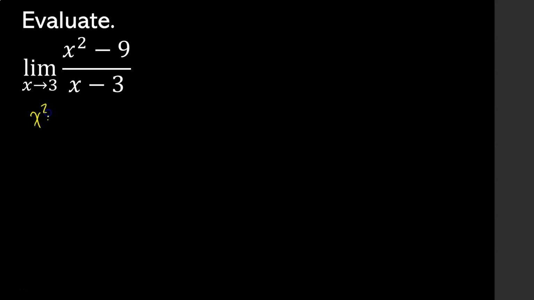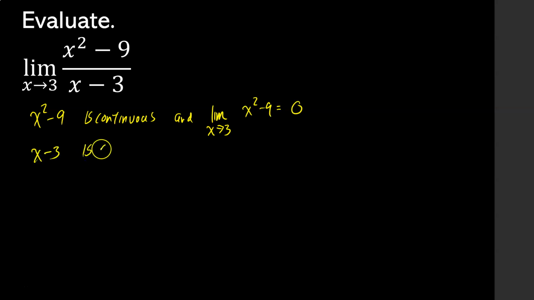So x squared minus 9 is continuous. We know that. We're not talking about the whole quotient, just the numerator. And because of that, the limit as x approaches 3 of x squared minus 9 we can do through substitution, and we get 0. X minus 3 is also continuous. And remember, what does that mean?